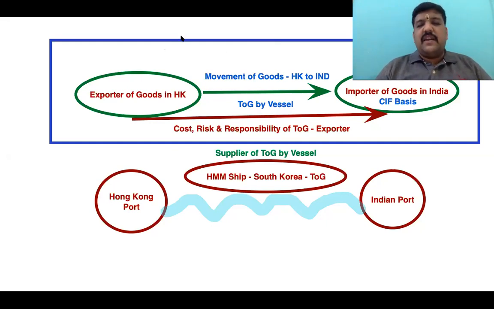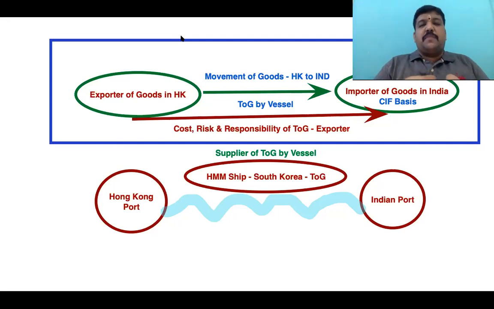As simple as that. When you go to a nearby home appliance showroom and pay 35,000 and buy an air conditioner, the transportation cost is included in it. At the end of the day, you will tell the whole world that you have purchased an air conditioner. But only he knows that there is a transportation involved in it.